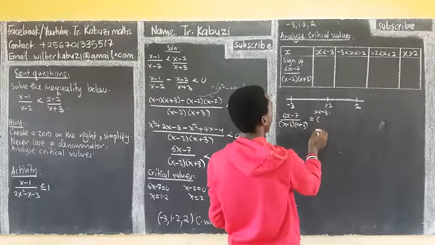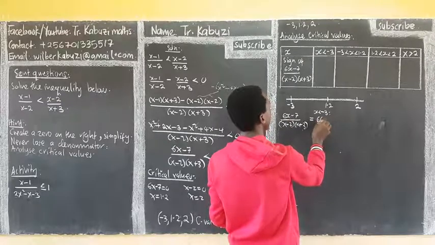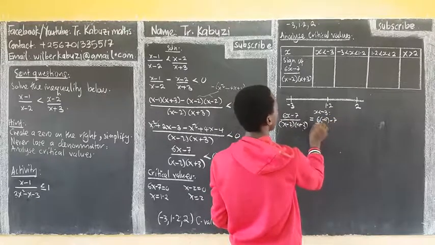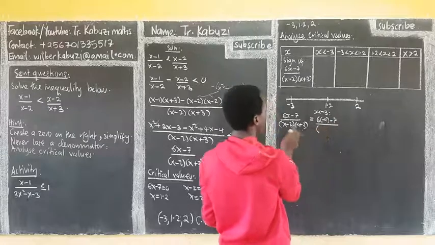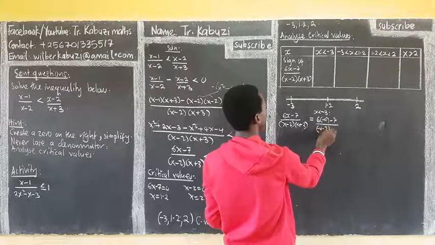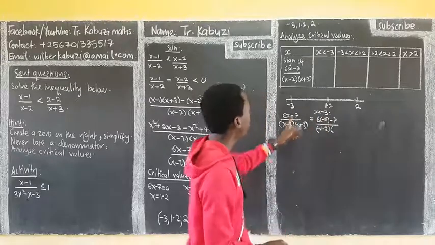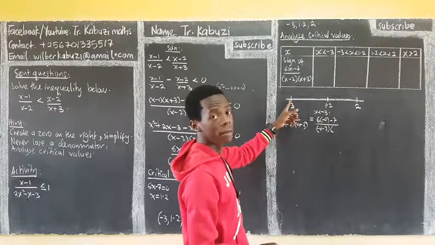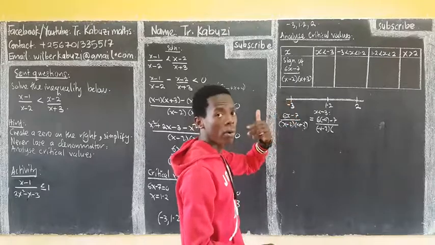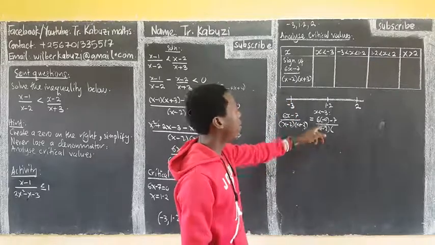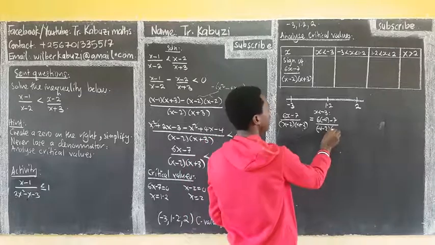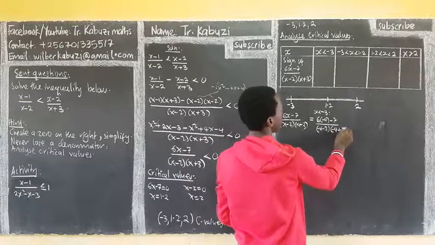So I now have 6 times negative 4 minus 7, the whole over, here I put negative 4 minus 2, then where there is x we put the value, any value below negative 3. We put the closest, that's why I'm putting negative 4, then plus 3.